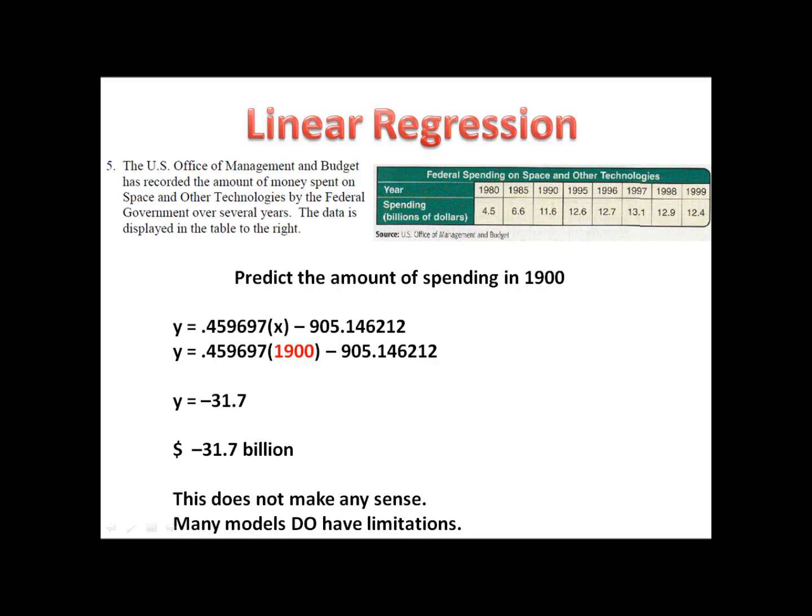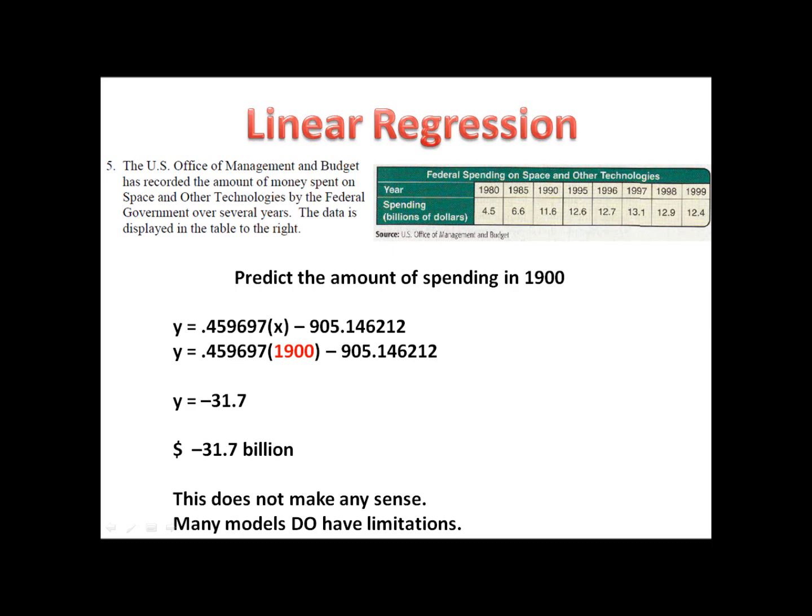And so there is a limitation to this model, and it's quite a ways from where our information was. Notice our information is in the 80s and the 90s, while 1900 is quite a ways off. And so the model isn't so accurate back there. So sometimes you have to use common sense in order to decide if your model really is a useful tool for making predictions in the future or in the past.